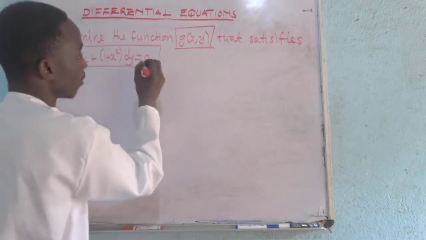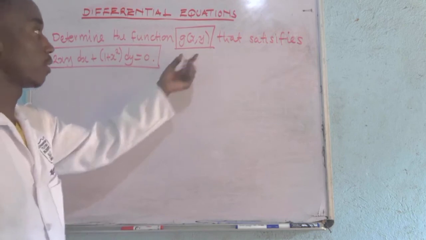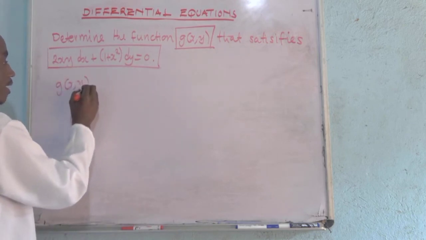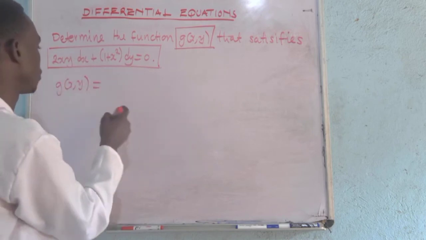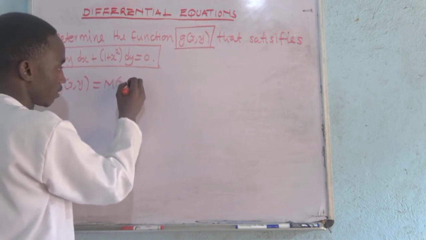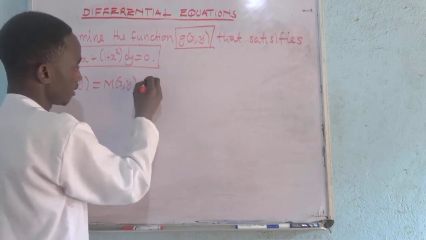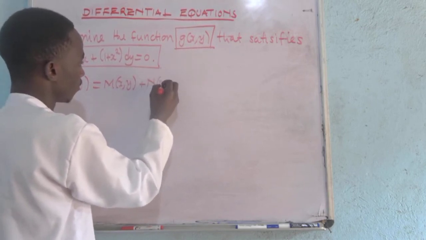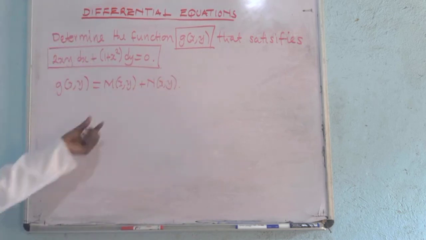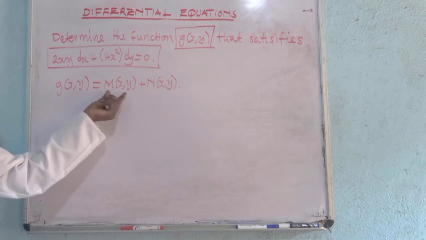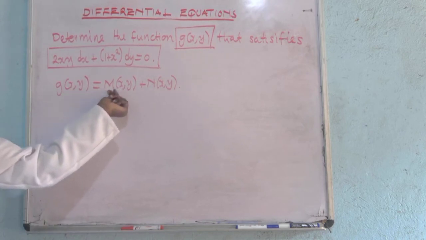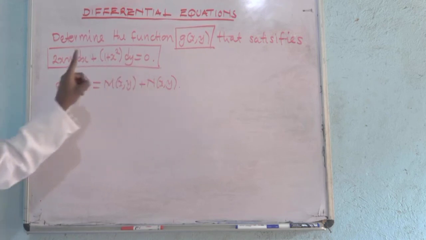Meaning, in other words, g of x, y comes as a result of M of x, y plus N of x, y, such that you need to integrate this and also that in order to obtain g.